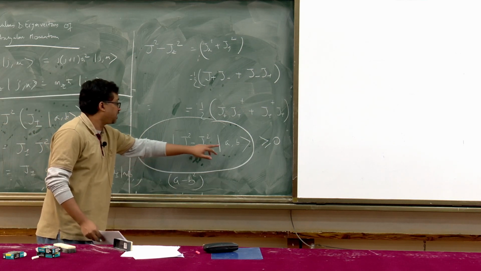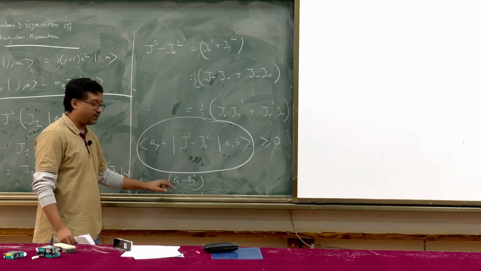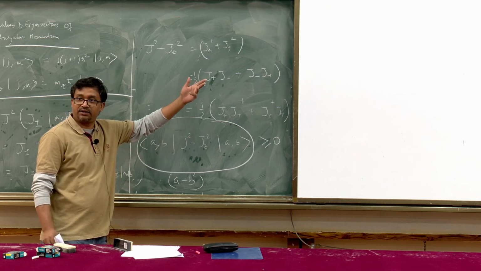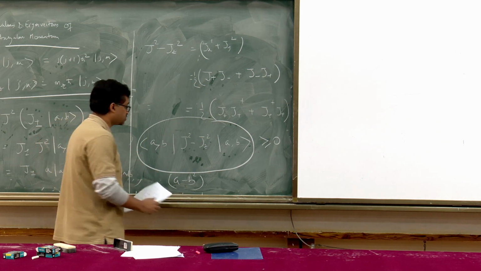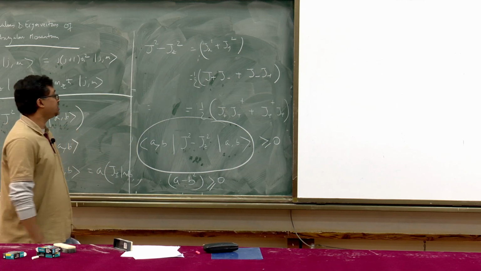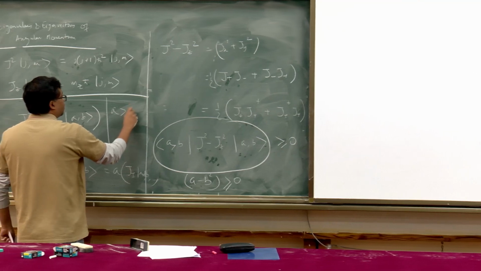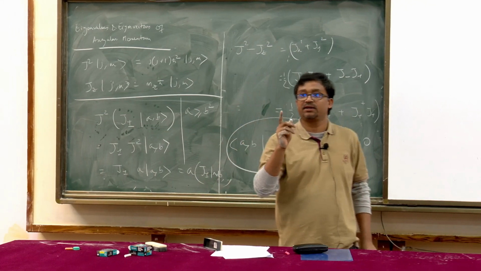So j square operating on AB would give 1 and you will be left with A. Jz square operating on this would be B square, and that is just a number that comes out. So A minus B square is greater than 0, which implies that A is greater than or equal to B square. That puts a limit on B.